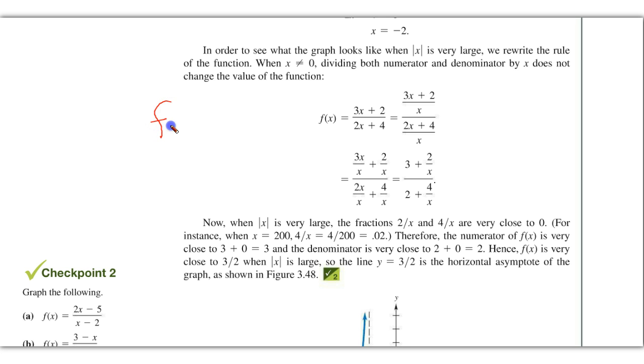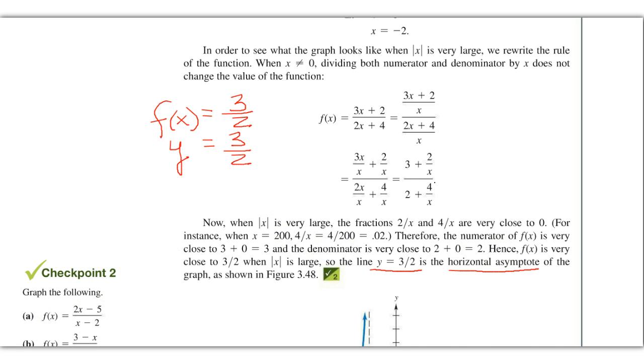So we'll say f of x here, which is in a sense a y, is going to be 3 over 2. So your horizontal asymptote is y equals 3 over 2. And that's what they're showing right down here.